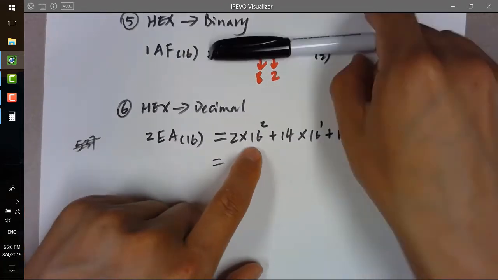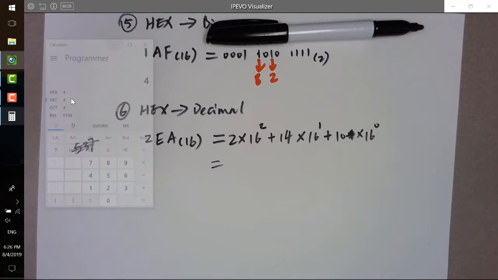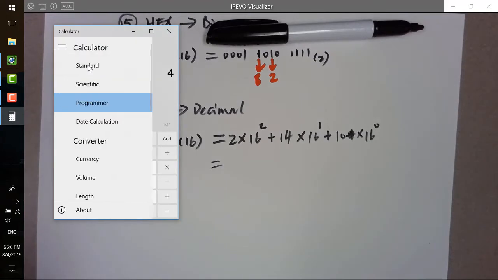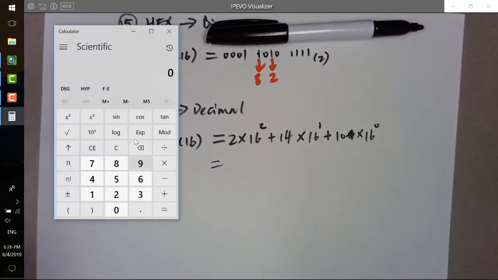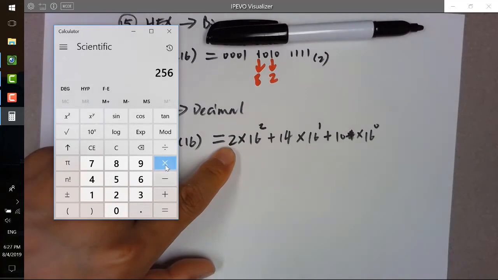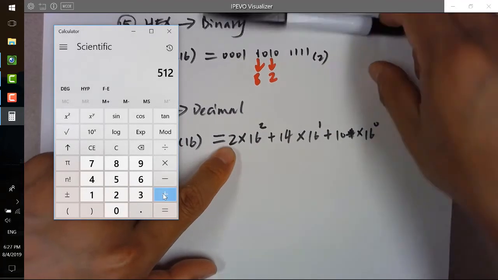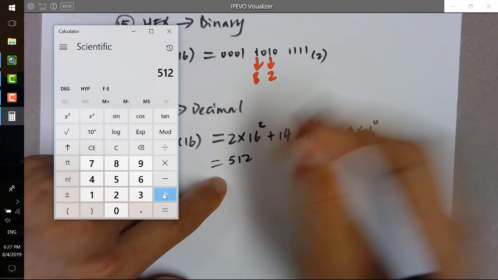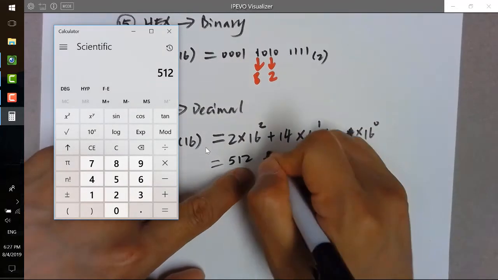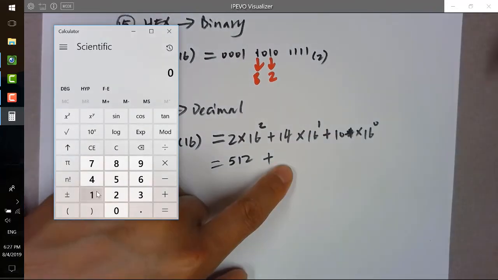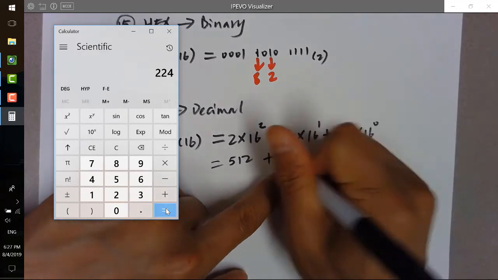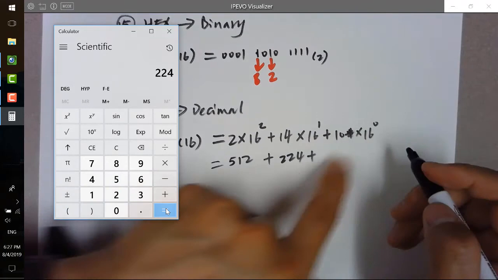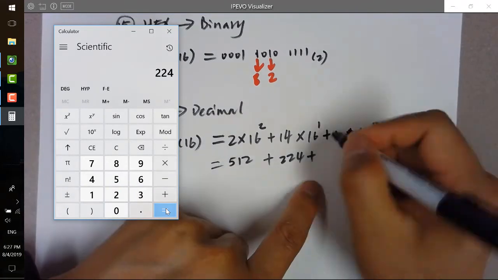So 16 times 16, now let's do a calculation here. 16 times 16 will be this, and then times 2, it's 512, plus 14 times 16, 224, plus, so that's 1 here, so plus 10, right?